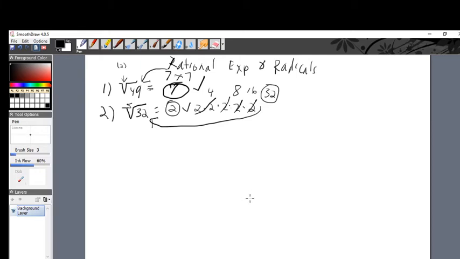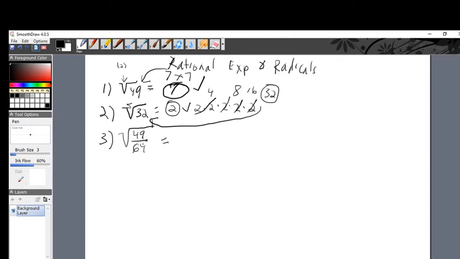Okay, now we've got to see a bunch of examples, and along the way you'll see some new things too. They're inescapable. For one, let's say you have a numerator and denominator inside a radical, 49 and 64. That shouldn't be too daunting.